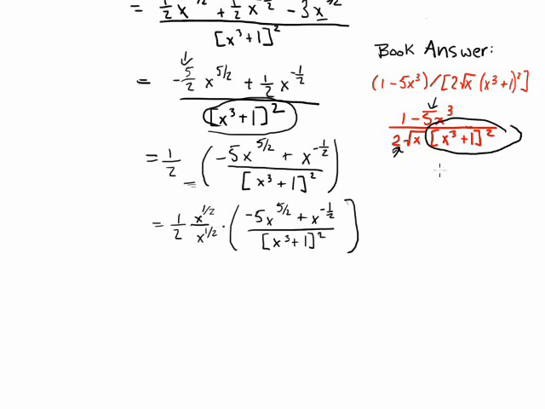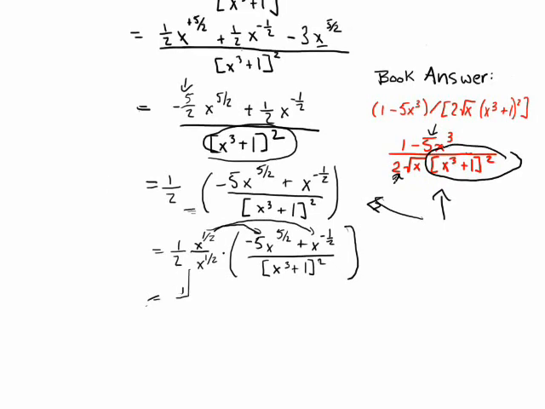Now again, I'm trying to look at this form and manipulate this to see if I can prove that what I found is equivalent to the book answer, right? So let me distribute this x to the 1/2 through to both terms here. This will give me 1 over 2 x to the 1/2, square root of x.